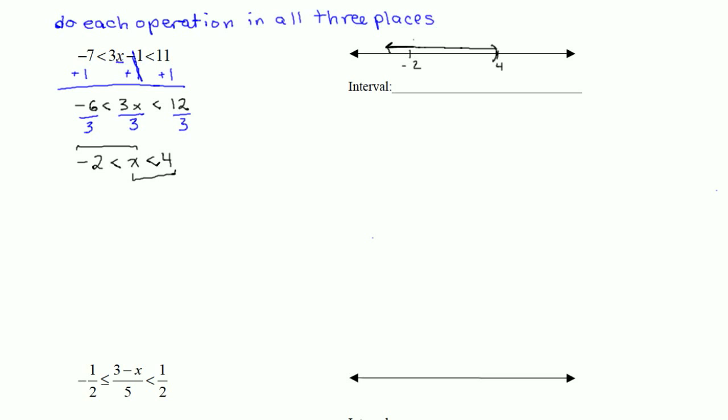That's why it starts from the negative 2 and goes to the right. And my intersection, again, is the overlap. Round brackets. So my answer is the interval from negative 2 to 4, round brackets.